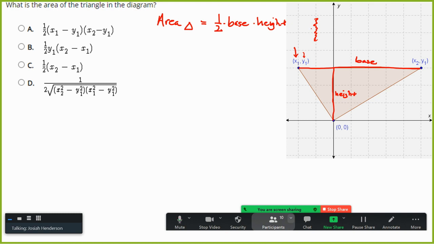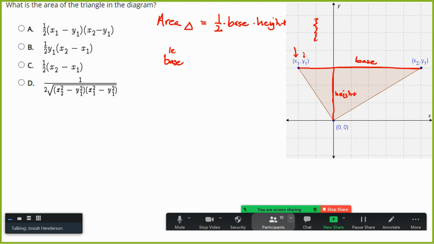So how do we find the length of the base without being able to count the squares? Well, they didn't tell us the numbers for x1 and x2, but we are calling them x1 and x2. So the length of it will be the farther rightwards one minus the leftwards one, x2.